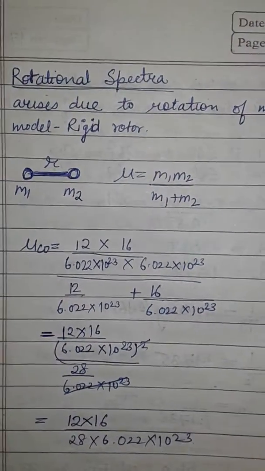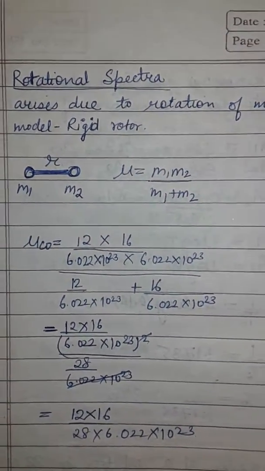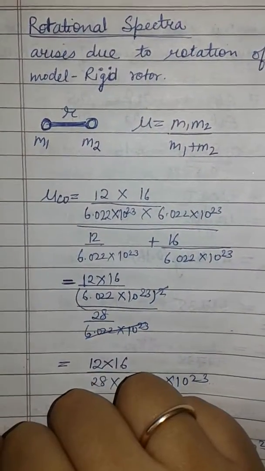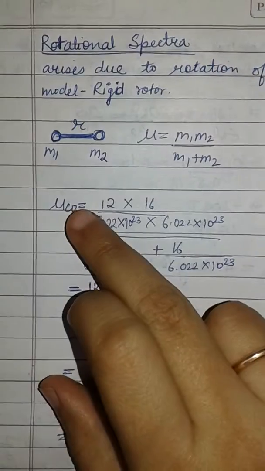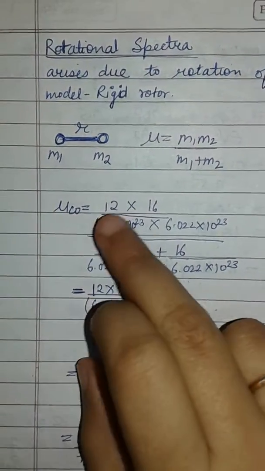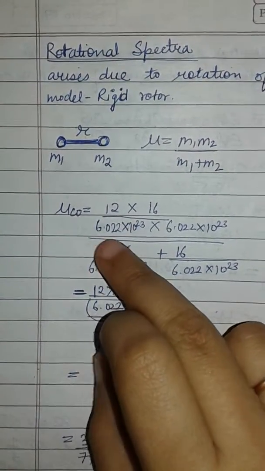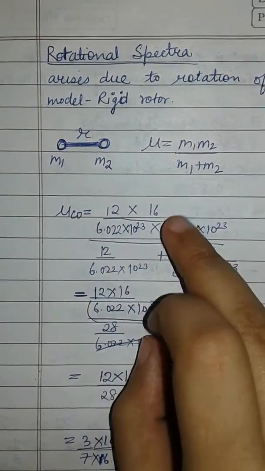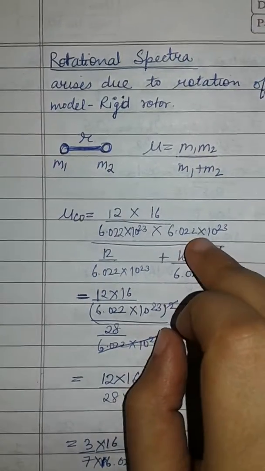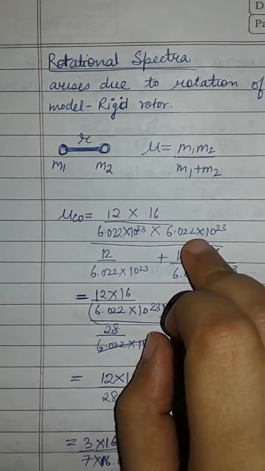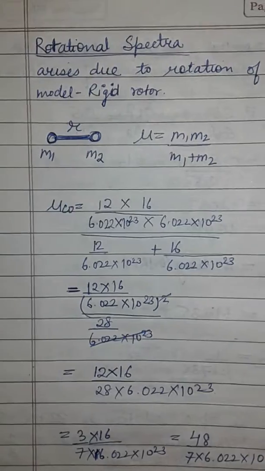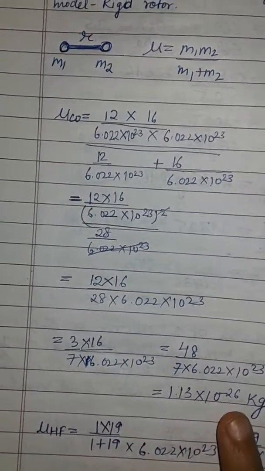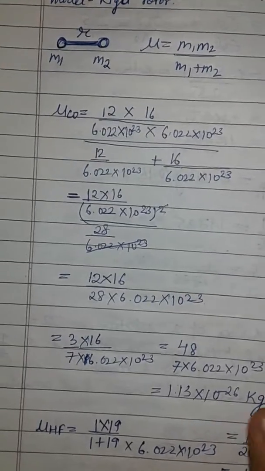So if we calculate the reduced mass of carbon monoxide, then we'll put the value of mass of carbon as 12 upon 6.022 into 10 raised to 23, and the oxygen mass as 16 upon 6.022 into 10 raised to 23, and solve it, and we'll get a value of 1.13 into 10 raised to minus 26 kg.